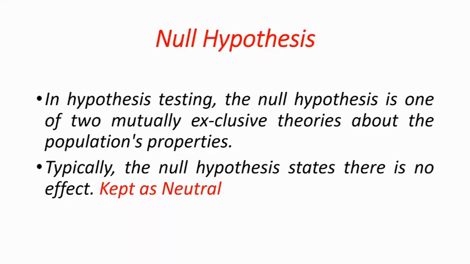The null hypothesis is one of the two mutually exclusive theories about the population properties. Typically, the null hypothesis states that there is no effect. Clear? We keep this null hypothesis as a neutral statement.